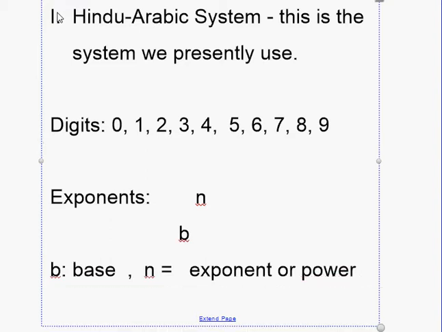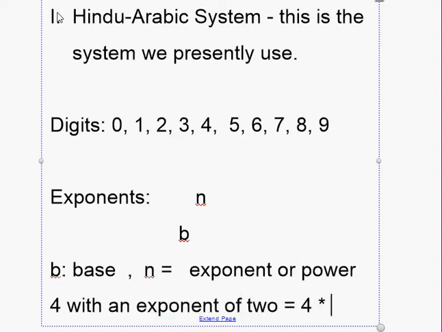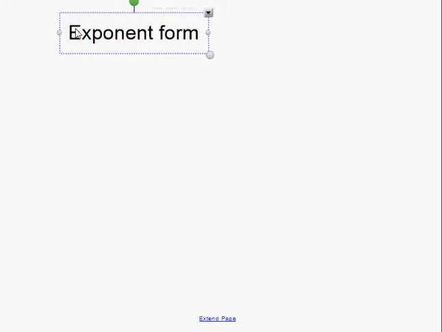For example, 4 with an exponent of 2 means 4 times 4, because 4 is written down 2 times and multiplied. Now, expanded form, which is a concept your textbook talks about, uses exponents.